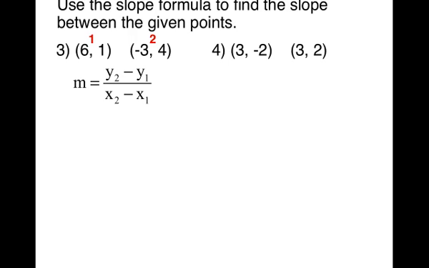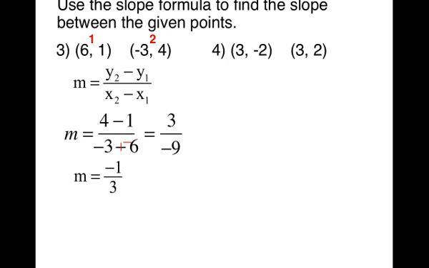So what should we have on the top? 4 minus 1. y2 minus y1. And on the bottom, negative 3 minus 6. I would change the signs on the bottom, and that's going to give me 3 over negative 9, which simplifies to negative 1/3.